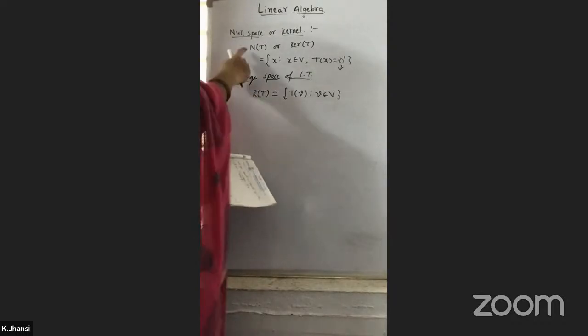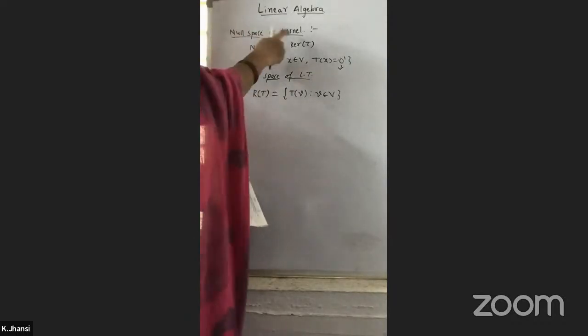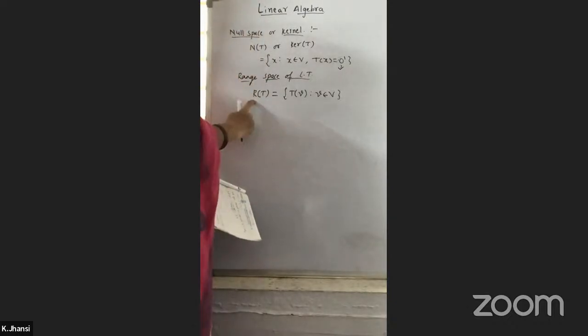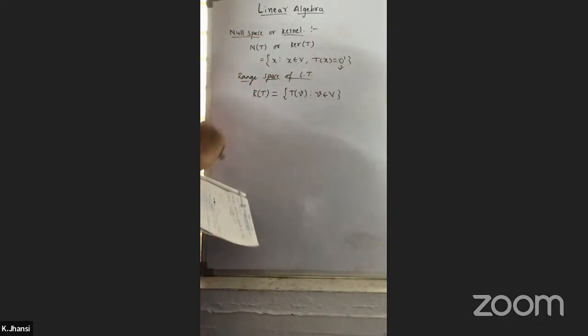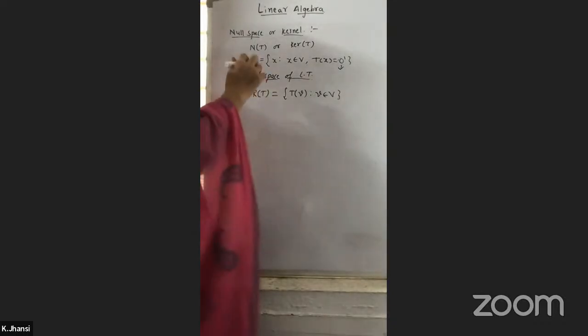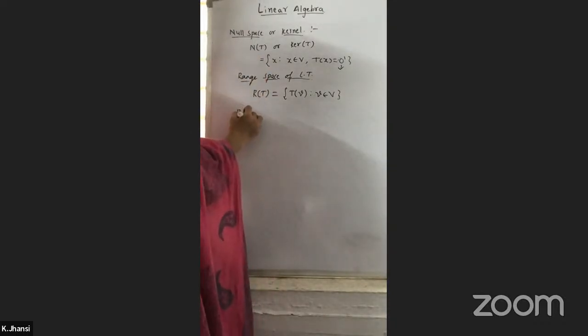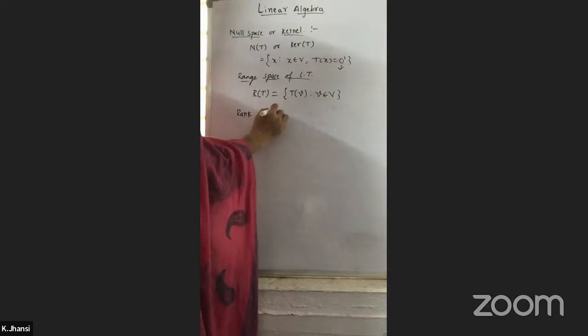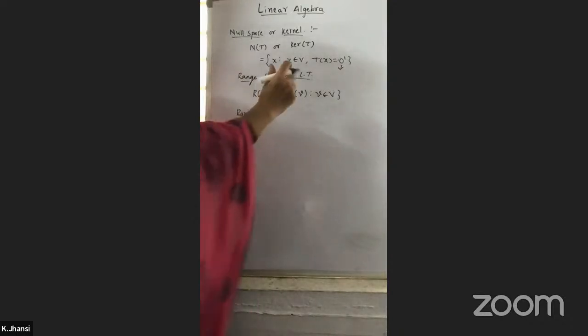This R of T and N of T: this is the null space, this is the kernel of T, and this is the range space, that is R of T. Okay. So next is rank of T. Rank of T is denoted as rho.